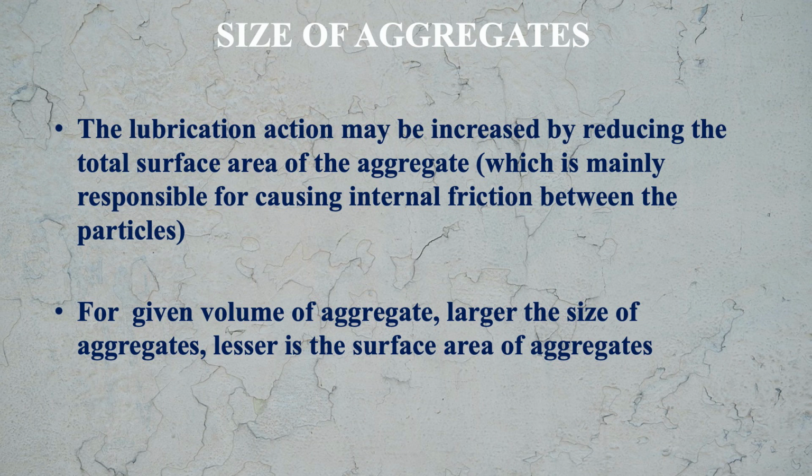So for a given volume of aggregates, the larger the size of aggregate, the lesser is the surface area of aggregate. You know this property, that if you are increasing the size of aggregate, then the total surface area of the aggregate will reduce, and that way the lubrication action will be increased.